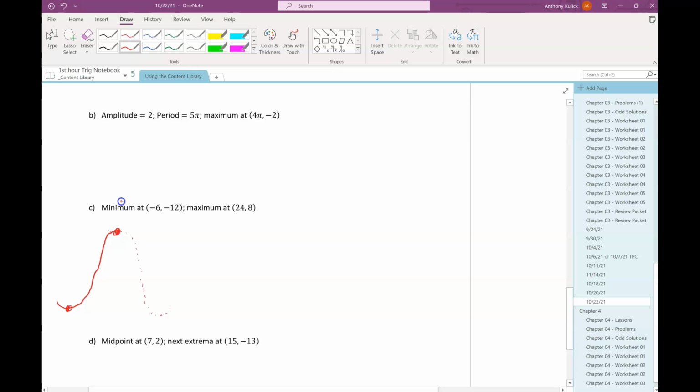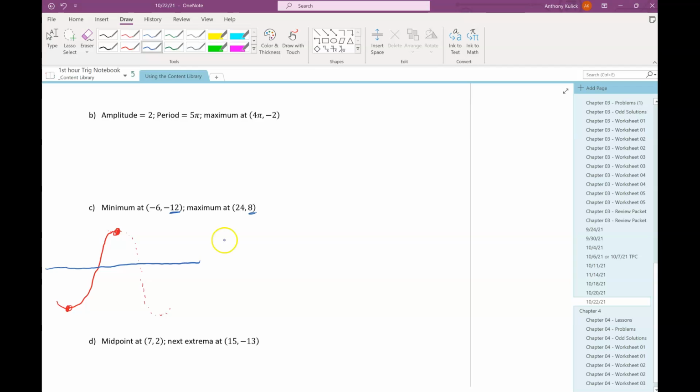Okay. So the first thing I'm going to want to do is try to figure out what the midline is. I know the midline goes halfway in between the two. So that's going to be halfway in between negative 12 and positive 8, which is the median of those two numbers, the number in the middle of them, which is the same as the average.